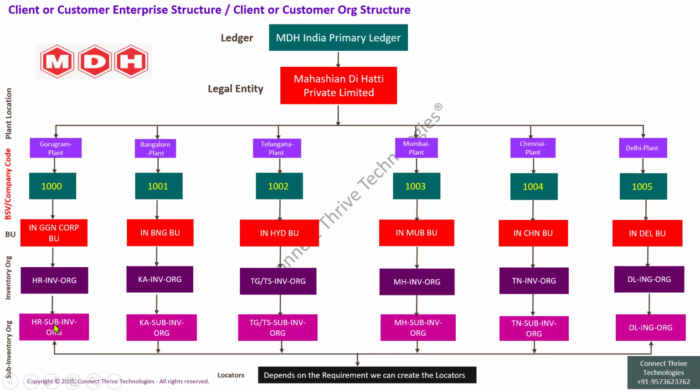Under the inventory we create sub inventories, and depending on the requirement we will add the locators. So this is for small customers where they have one legal entity. I hope I explained it very clearly. In the manufacturing case, if it is a small customer with one registered legal entity, that is the context.